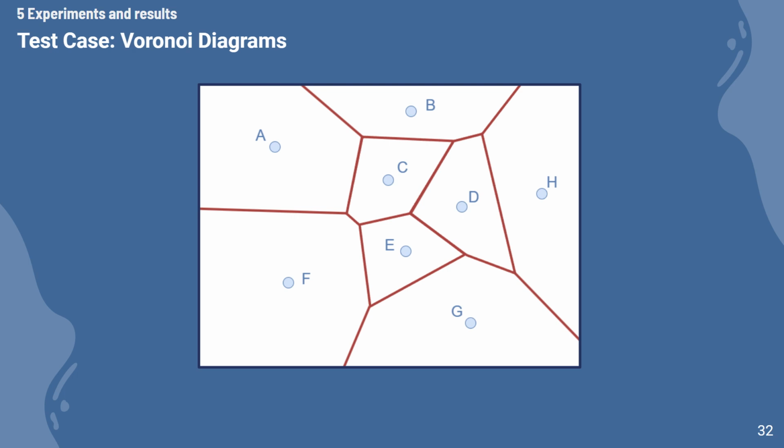This figure shows the graphical representation of a Voronoi diagram. Voronoi diagrams have various applications in areas such as robotics, where they are used to plan the path of a robot. It is also applied in 3D modeling for the generation of objects created with polygons.